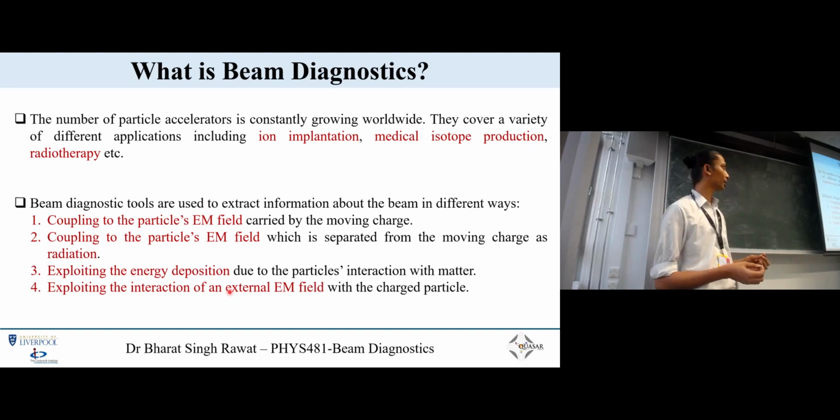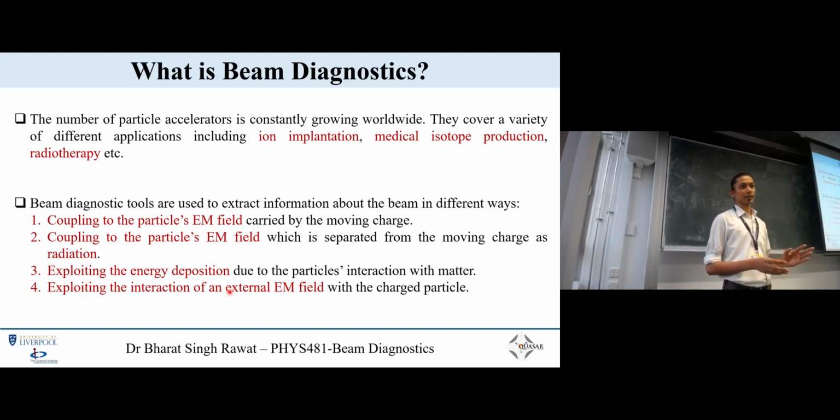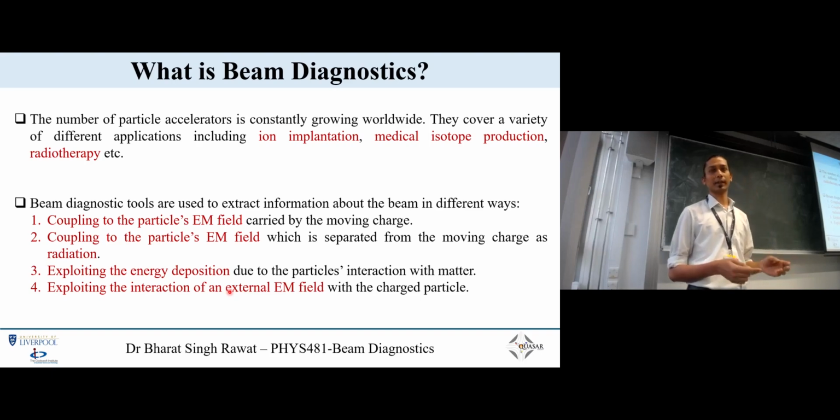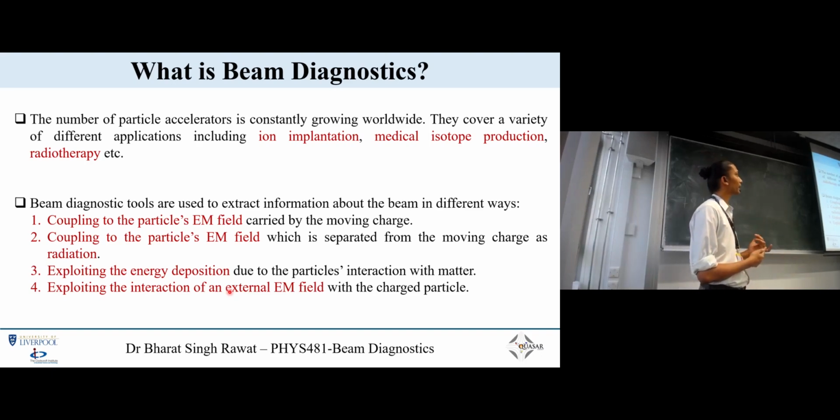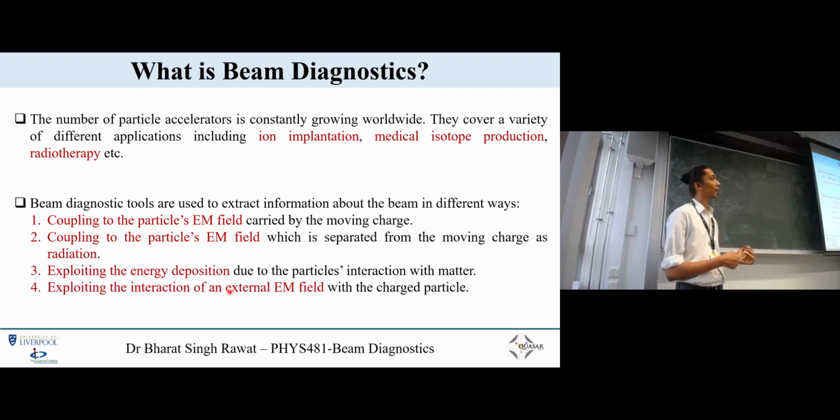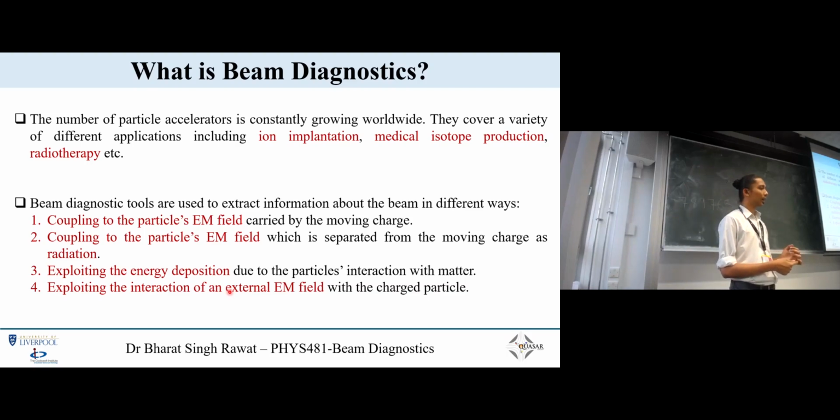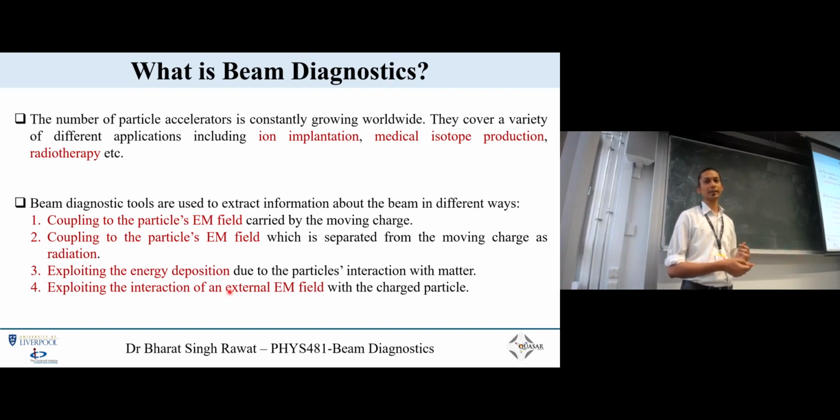And why is beam diagnostics important? Because all over the world, particle accelerators are constantly being developed, and it's growing worldwide. The different applications of particle accelerators are, first, medical. You find particle accelerators in all hospitals, especially in radiotherapy and isotope production. The other application is ion implantation.